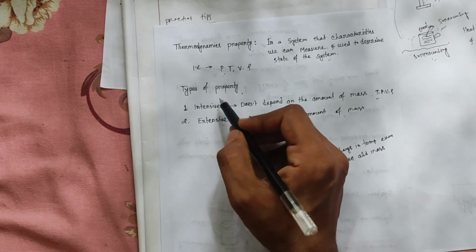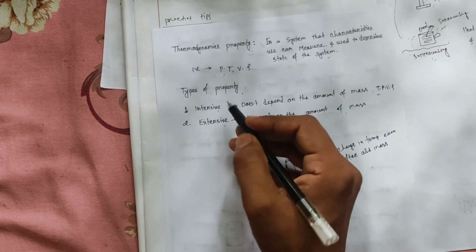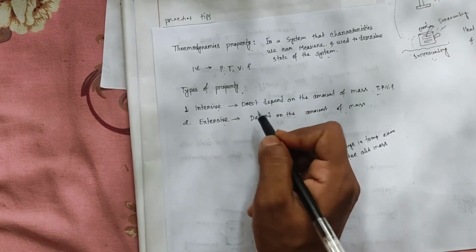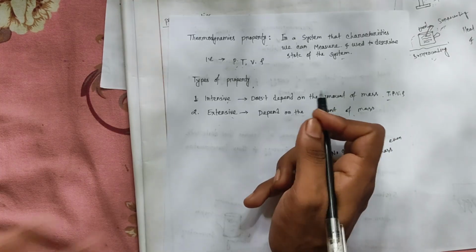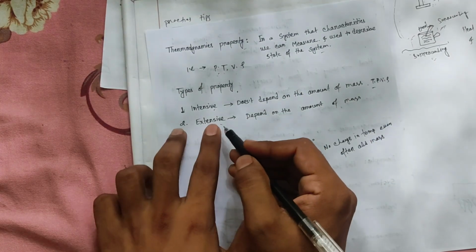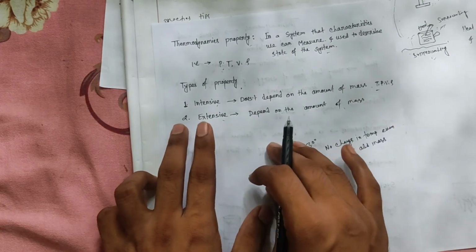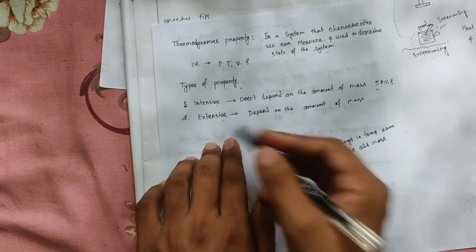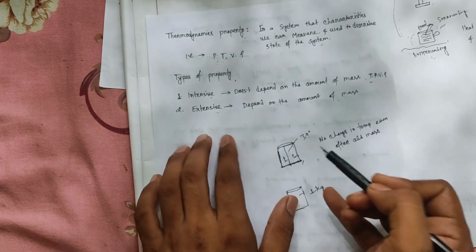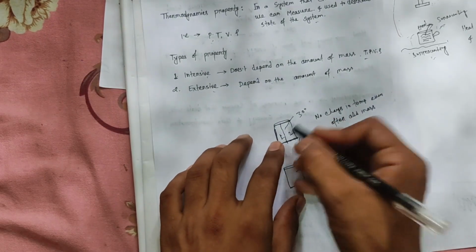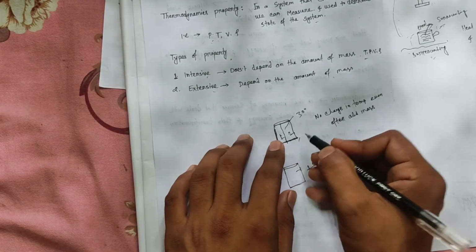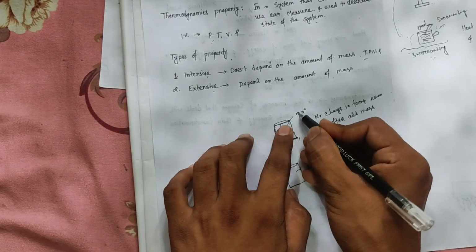Types of thermodynamic property. First one is intensive property, that does not depend on the amount of mass. Okay, and second one is extensive property, it depends on the amount of mass. Okay, let's see the example of intensive property. Suppose we have a glass of water, the temperature is 30 degrees.